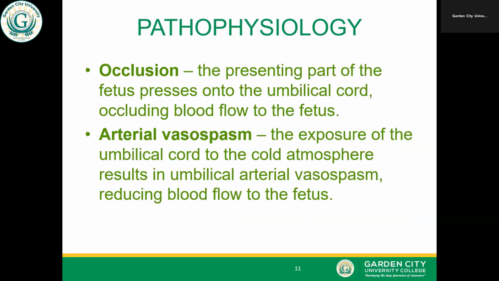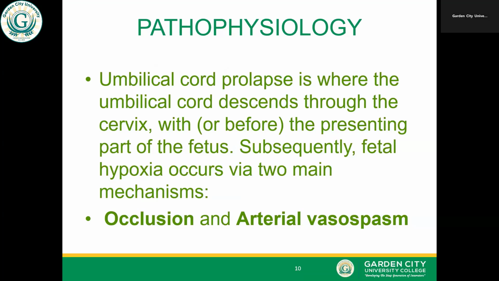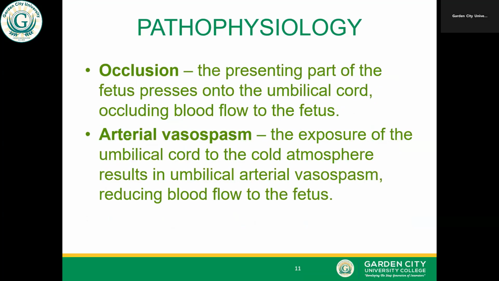Subsequently, fetal hypoxia occurs. So when cord prolapse occurs, fetal hypoxia can occur through two mechanisms. One is occlusion, and two is arterial vasospasm. When we talk of the occlusion, the presenting part of the fetus presses on the umbilical cord, occluding blood flow to the fetus, especially the one that comes along with the fetal head, which is the occult.